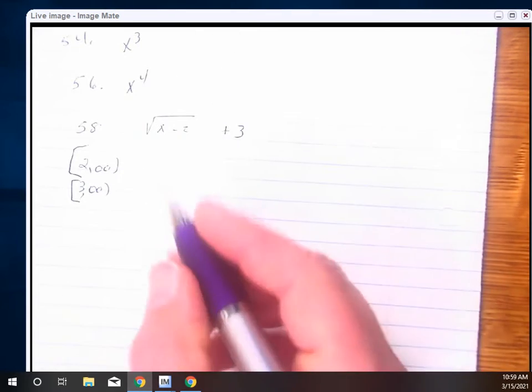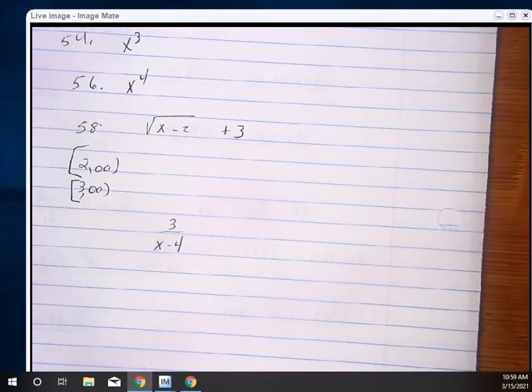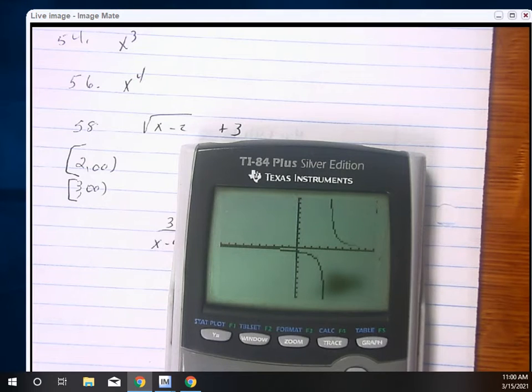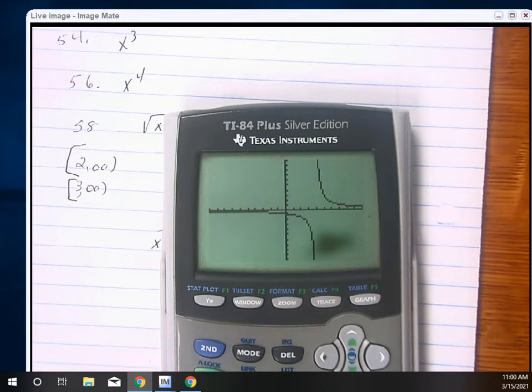Determine the domain of a fraction. 3 over x minus 4. What's the domain? Let's look at the graph. So you would be half right. What's the other half? What can it not be?